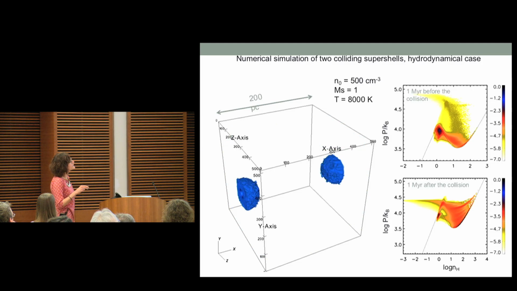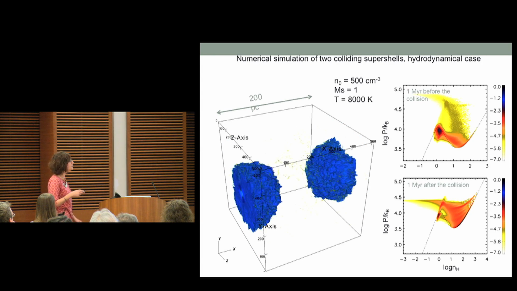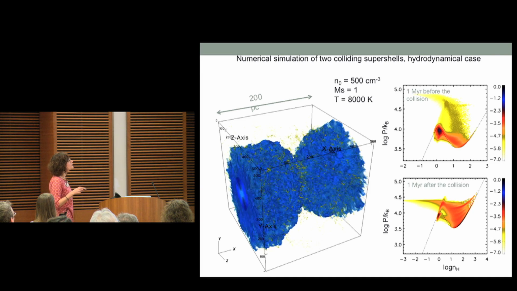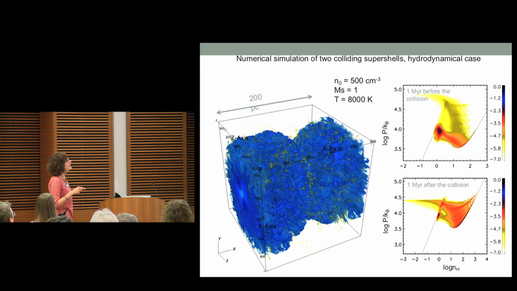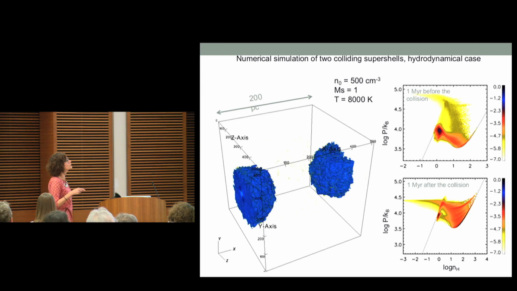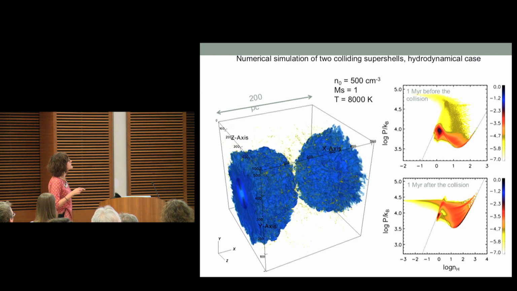We start the gas off at this unstable equilibrium point of the warm medium, and as it gets compressed by the shells, it moves into the unstable regime and gradually falls back on the heating and cooling equilibrium line and moves to create the cold phase that we see at the tips of these ripples on the surface of the shells.